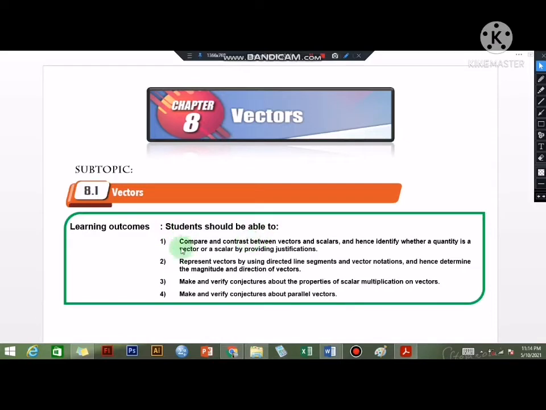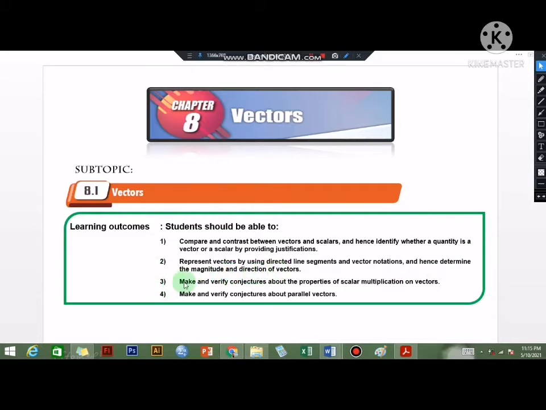Students should be able to, number one, compare and contrast between vectors and scalars, and hence identify whether a quantity is a vector or a scalar by providing justification. Learning outcome number 2 is represent vectors by using directed line segments and vector notations, and hence determine the magnitude and directions of vectors.